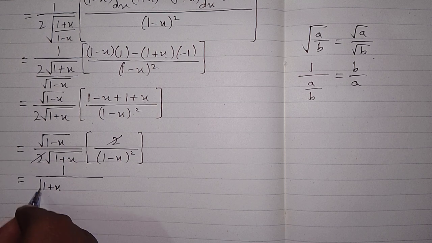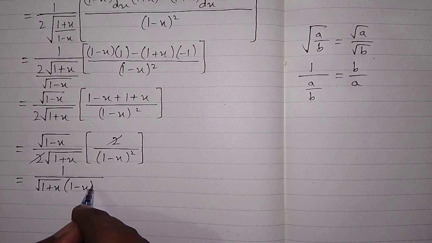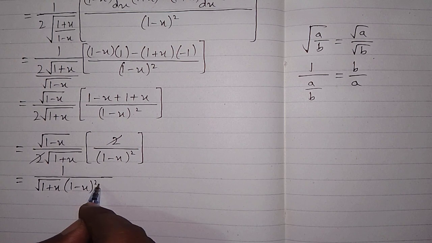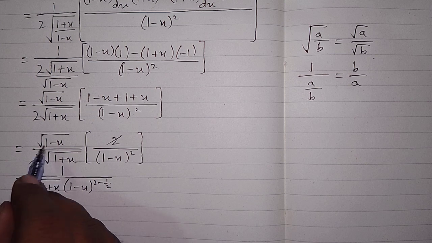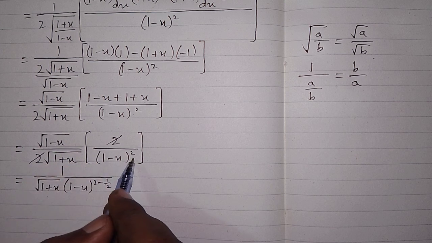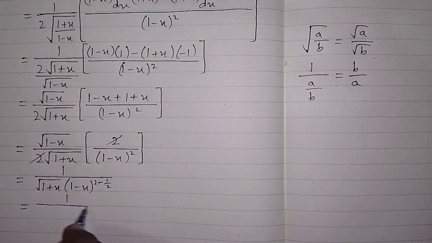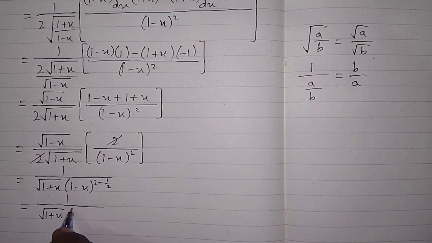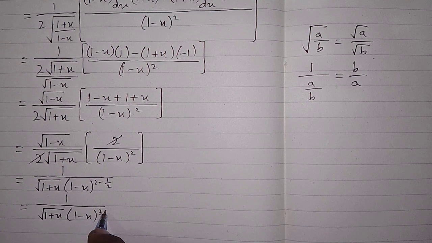So we have 1 upon square root of 1 plus x multiplied by (1 minus x) whole power 2 minus 1 upon 2, because we have 1 minus x to the power 1 upon 2, and when it goes in the denominator it will become minus half, and then we have 1 upon square root of 1 plus x multiplied by (1 minus x) whole power 3 upon 2.